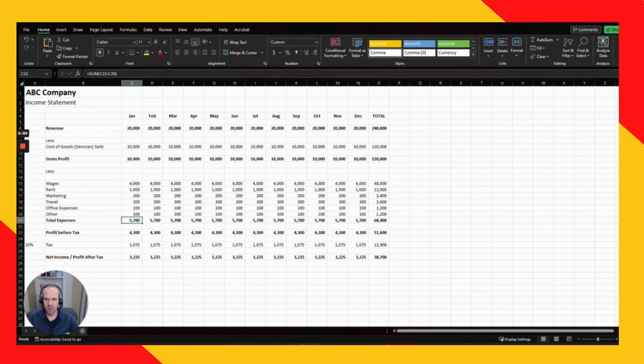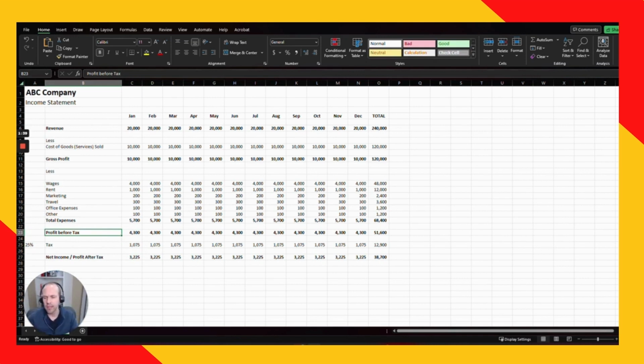That leaves $4,300 profit before tax. Now, assuming a 25% tax rate, that would be $1,075 of tax every month, which leaves $3,225. A lot of the time, before you pay tax, this is usually called profit before tax.